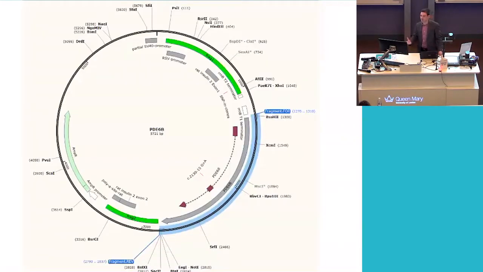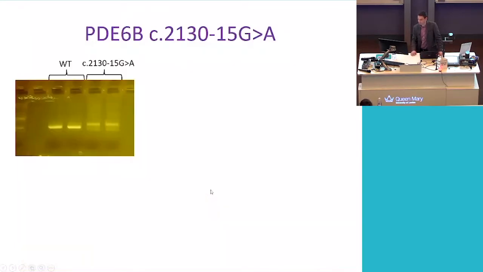So we did one of these mini-gene assays, and we inserted 3 exons with the variant closest to the middle exon. And we saw a very different RNA expression profile between the wild-type vector and a vector with this mutant in it. We saw 2 bands, one which was slightly smaller and one which was slightly bigger than expected of the wild-type.